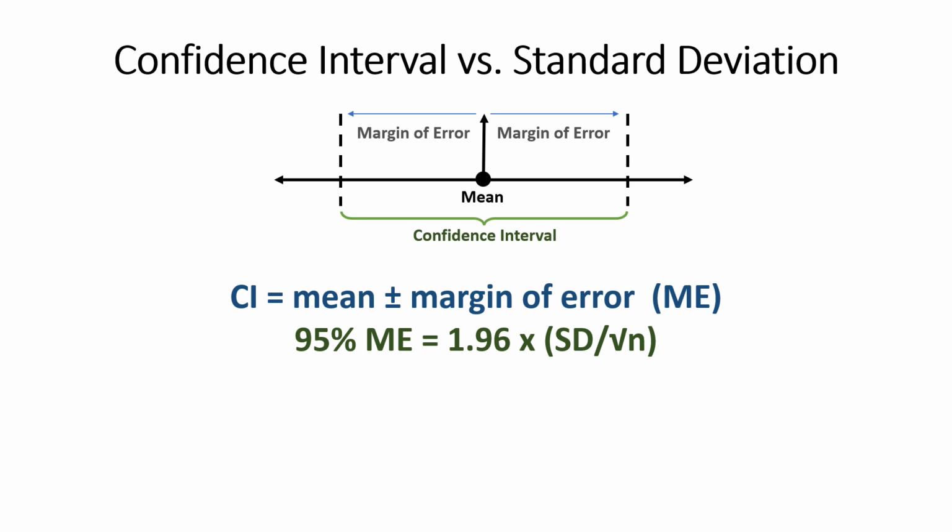Suppose we are calculating a 95% margin of error. In this case, we will multiply the number of 1.96 by the standard deviation divided by the square root of the sample size.